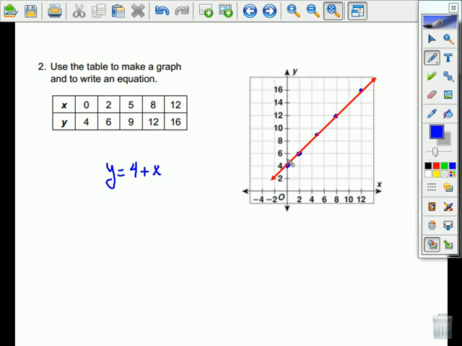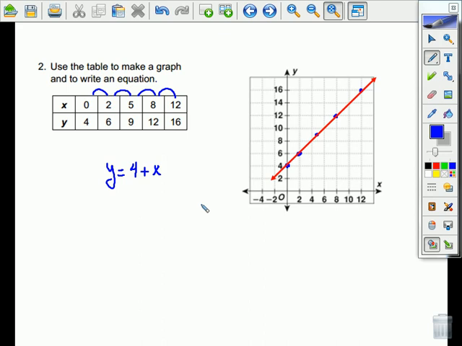So here we can see if we start at 4, 0 plus 4 is 4, 4 plus 2 is 6, 4 plus 5 is 9, 4 plus 8 is 12, 4 plus 12 is 16. Another way that we can look at this is all these changes, but the changes are a little bit different, because here it's changing by 2 and then it's changing by 3 and then by 3 and then by 4. So that's not going to be as helpful to us as the actual graph when we're looking at this one.